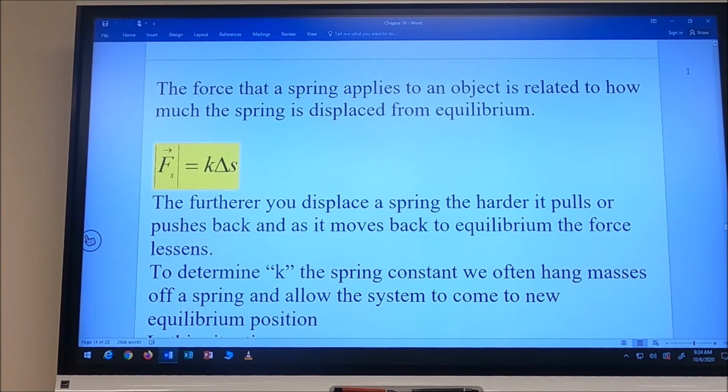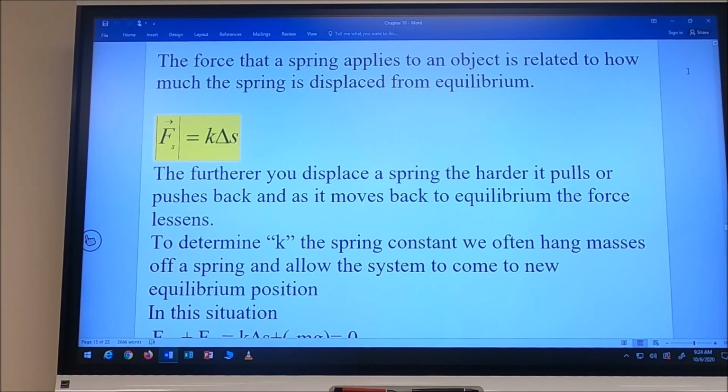Force from a spring is always equal to k delta s, where delta s is the change in the length of the spring. Okay? Think about delta s there being in absolute values too. I should have put it in there, but that's okay. So the further you displace a spring, the harder it pushes or pulls. So hint, okay?